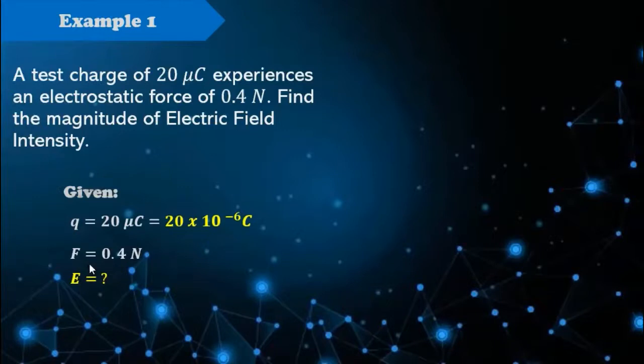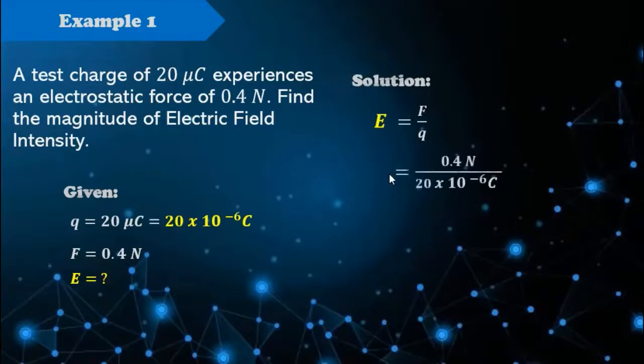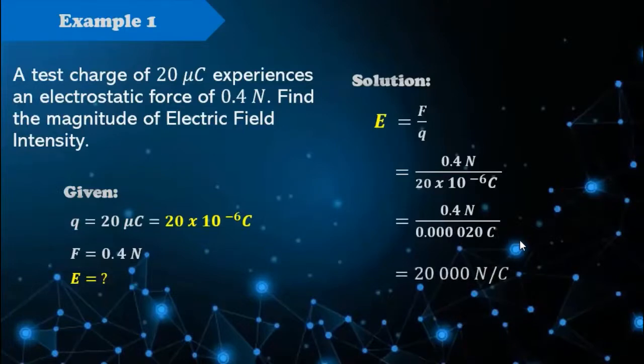We have the value of force, which is 0.4 newtons, and the unknown is E. Therefore, the formula to use is this one. Substitute the given. Force is 0.4 newtons and test charge is 20 times 10 raised to the power of negative 6 coulomb. Simplify the denominator and then get the quotient. Therefore, the final answer is 20,000 newton per coulomb.